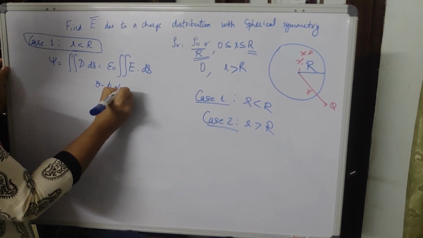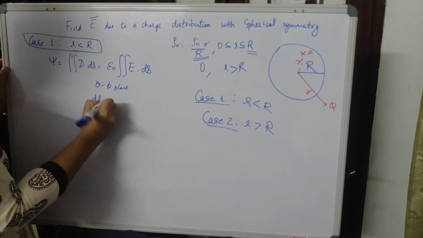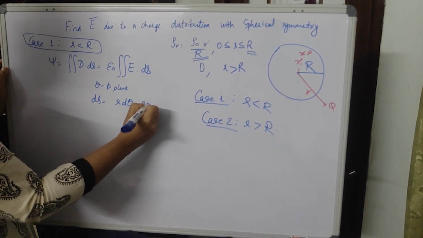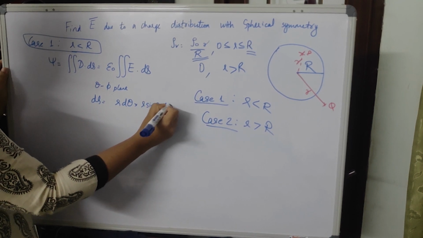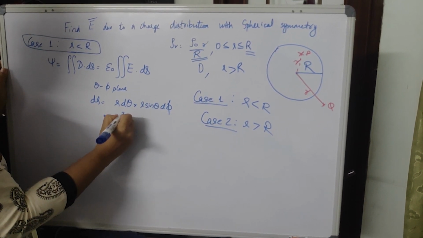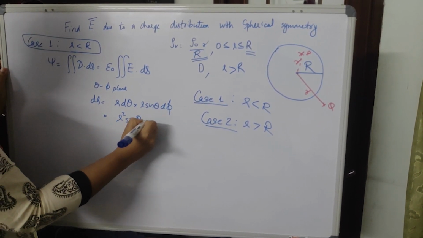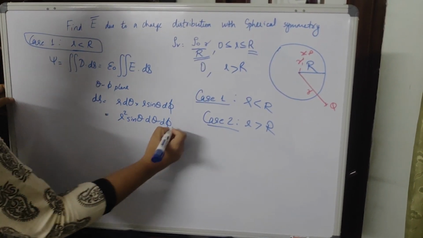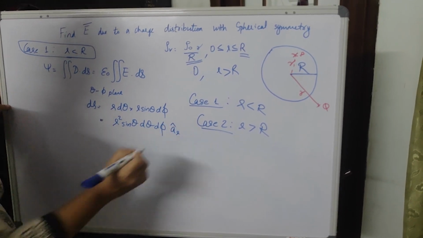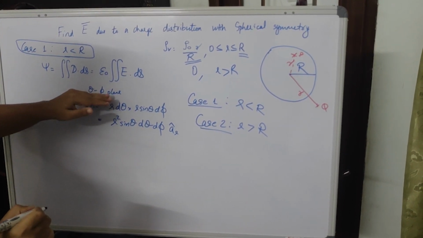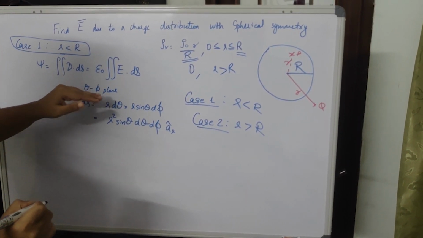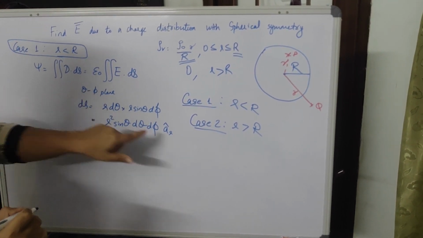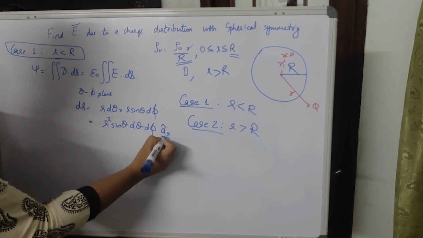So ds will be r d theta into r sin theta d phi, that is, r square sin theta d theta d phi, along the unit vector ar. Theta phi plane means the unit vector normal to it is ar.